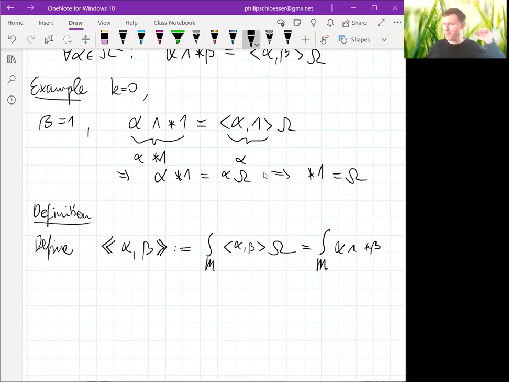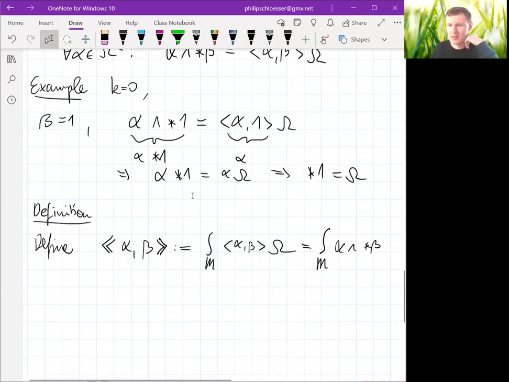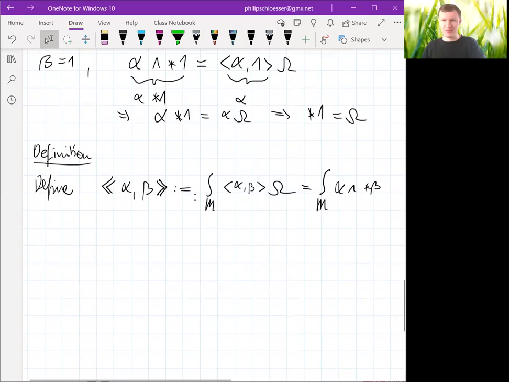Well, yeah, it is possible. It's just a bit uglier than integration over chains. And more importantly, we have to take care that this integral is actually finite and also well defined. I mean, it could have infinitely large positive and negative parts too.